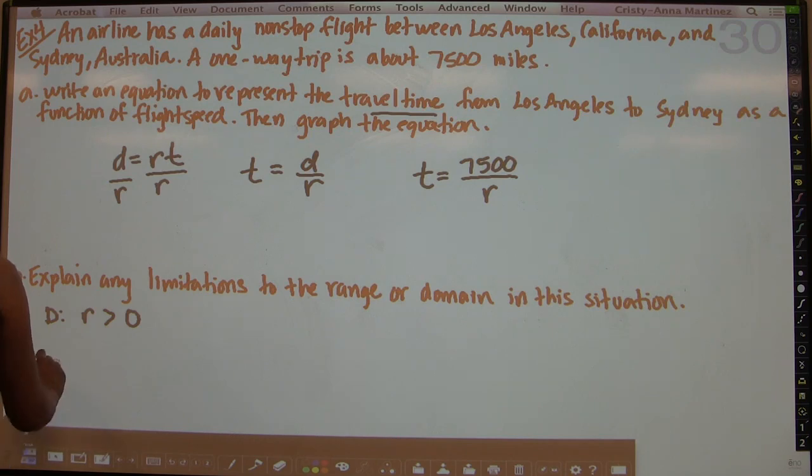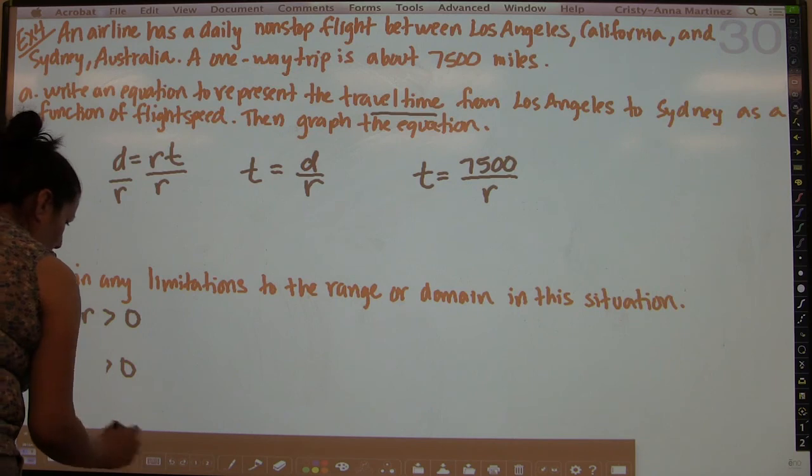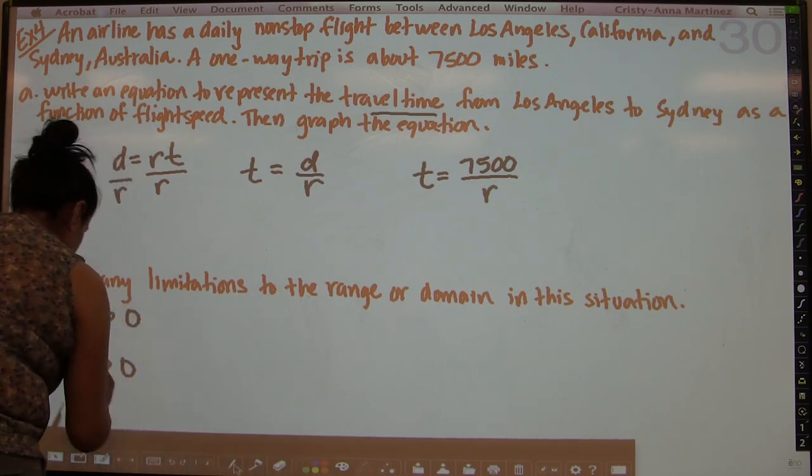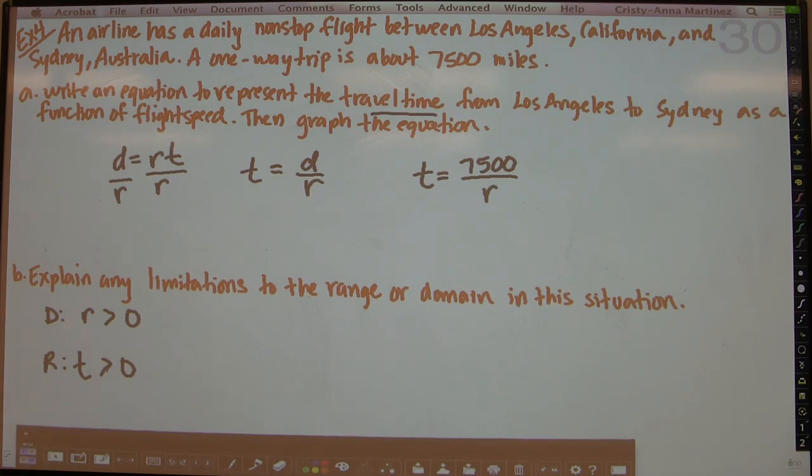We don't want it to equal 0. Our range has to be greater than 0 because it wouldn't make sense for the time. Sorry, that should be a t. Our range is the t variable. So t has to be greater than 0 because we don't want time to be negative either.